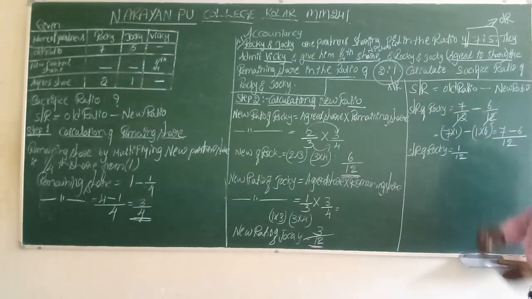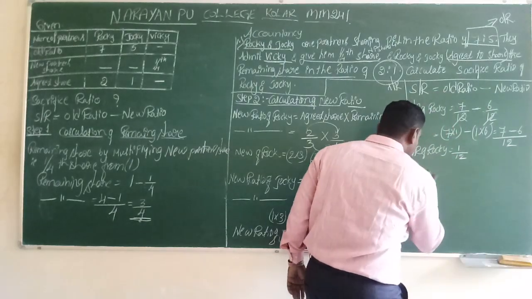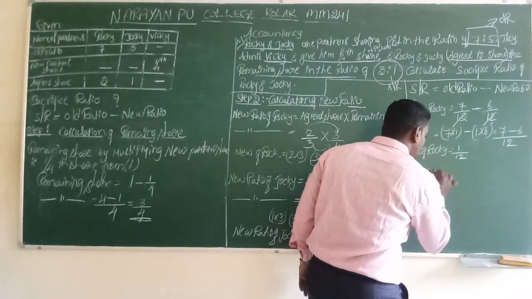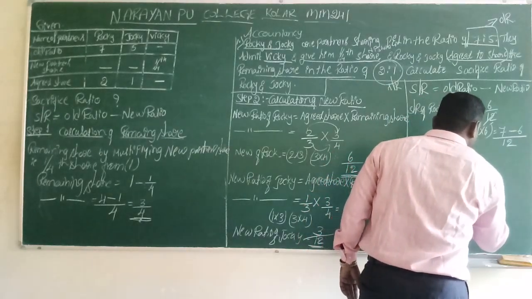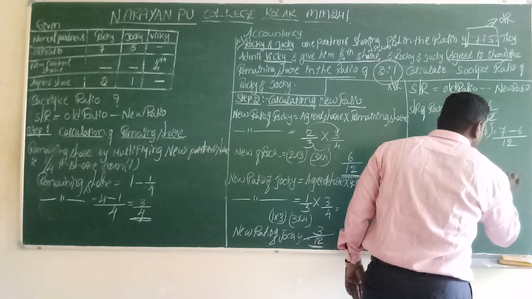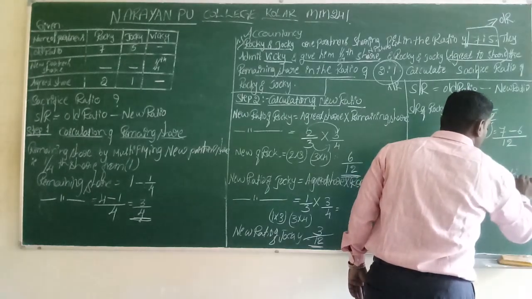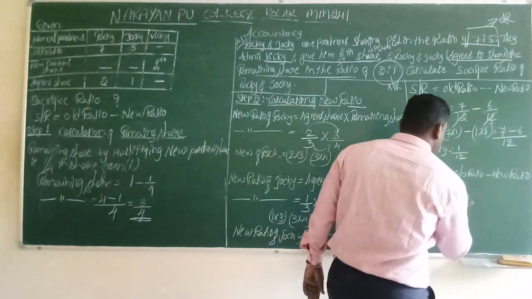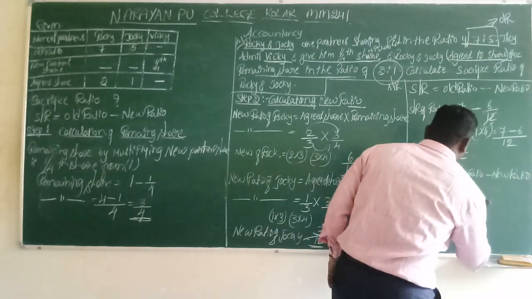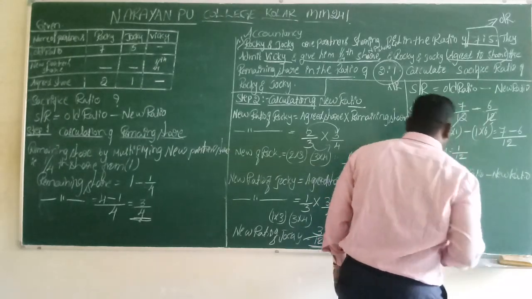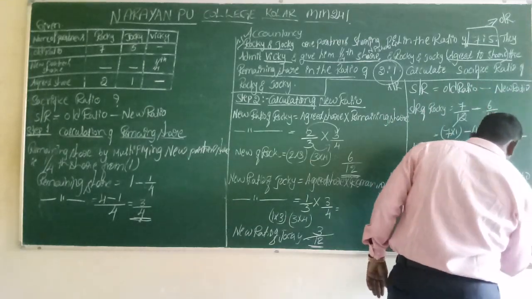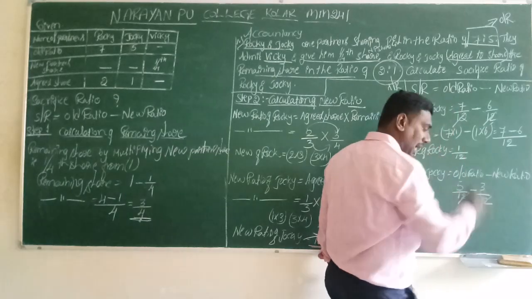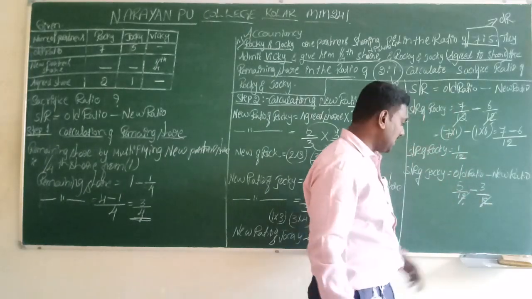So first we calculate one partner's sacrifice ratio. In the same manner, we have to calculate the sacrifice ratio of the other partner, that is the sacrifice ratio of Jockey, which is equal to old ratio minus new ratio. This is the formula. The old ratio is 5 divided by 12 minus the new ratio we calculated, 3 divided by 12. 12 and 12 are cancelled.